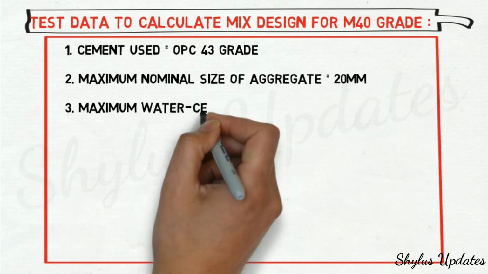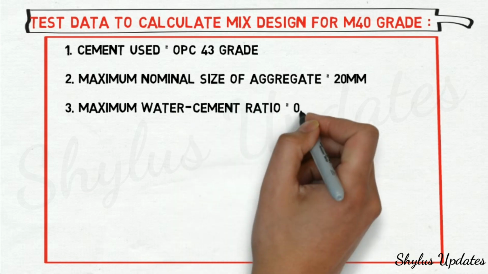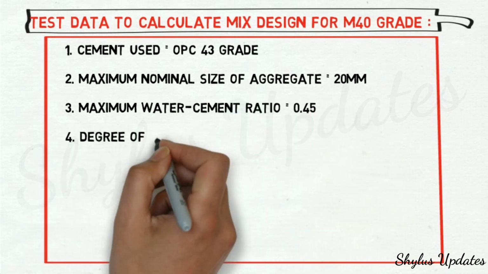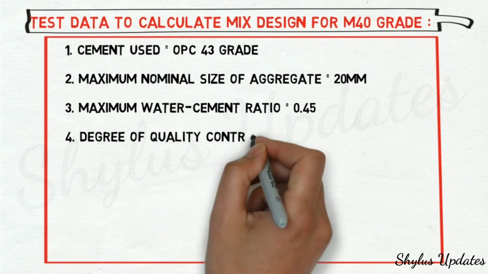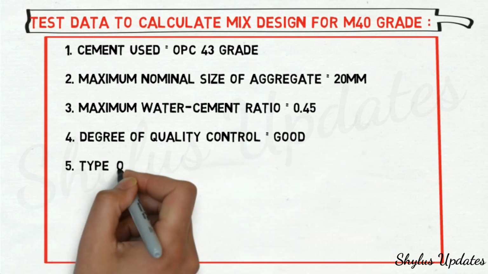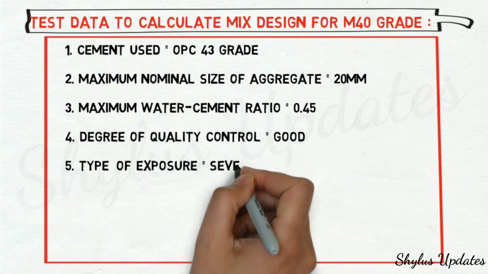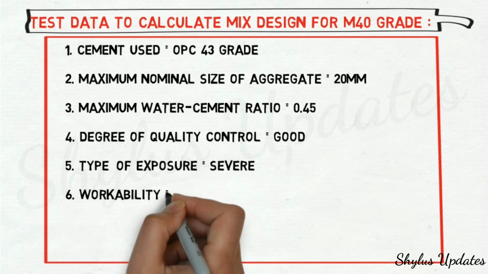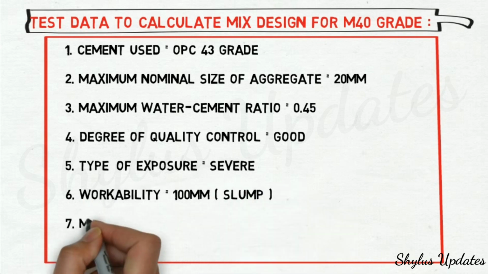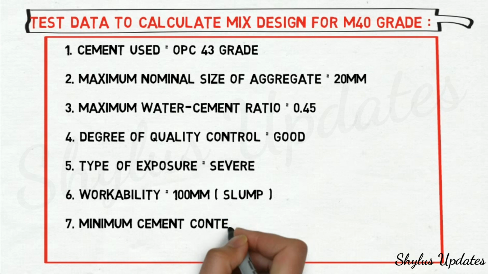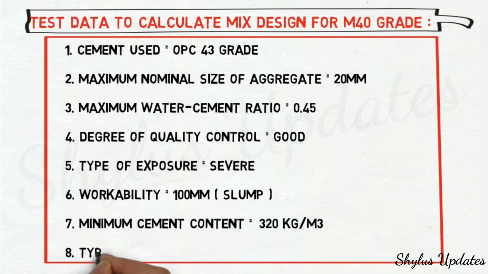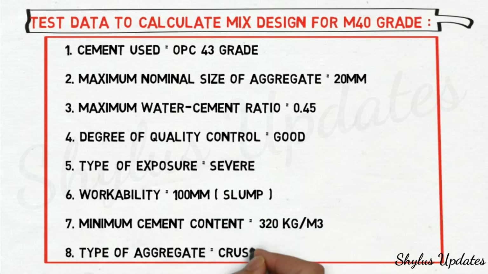Maximum water cement ratio: 0.45. Degree of quality control: good. Type of exposure: severe. Workability: 100 mm slump. Minimum cement content: 320 kg per meter cube. Type of aggregate: crushed angular aggregate.